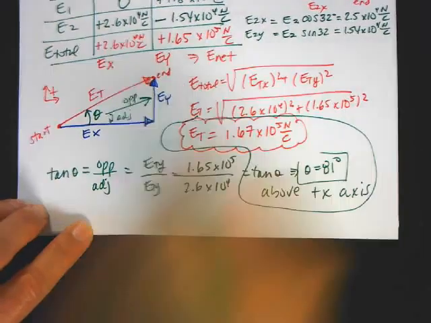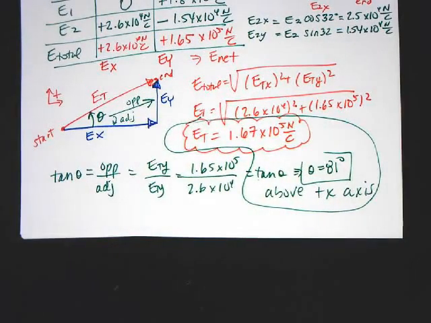So what we did was we did all the same stuff we did before. First we drew our basic picture. So we drew the electric fields and the direction in which they were acting. Then we actually calculated the magnitude of each electric field. Then I found the x and y components of each electric field. I added them all up.